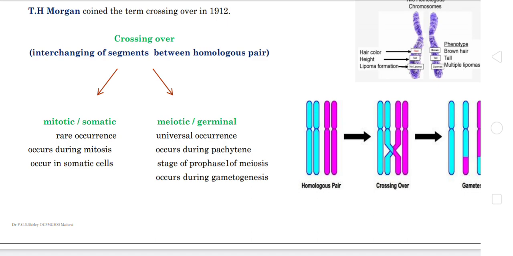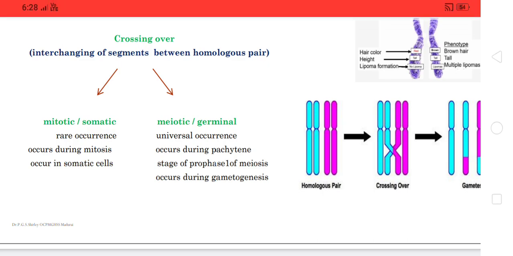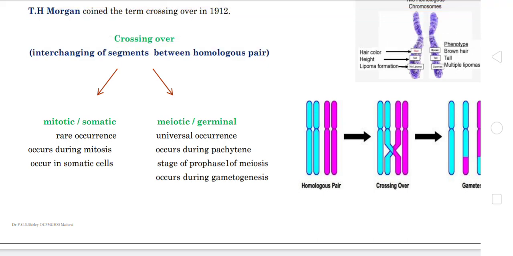The occurrence of mitotic crossing over is very rare. The second type is meiotic or germinal crossing over. As I already said, this occurs in the Pachytene stage of prophase 1 of meiosis, especially during gamete formation. So it is also called germinal crossing over.